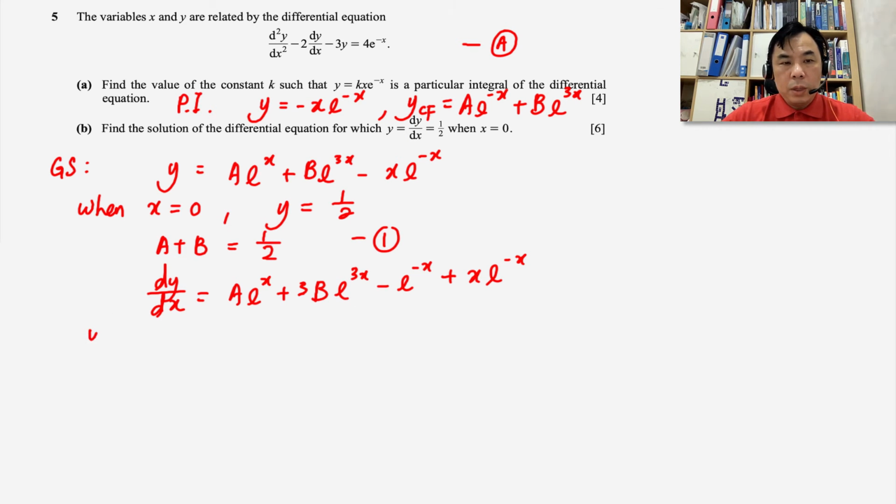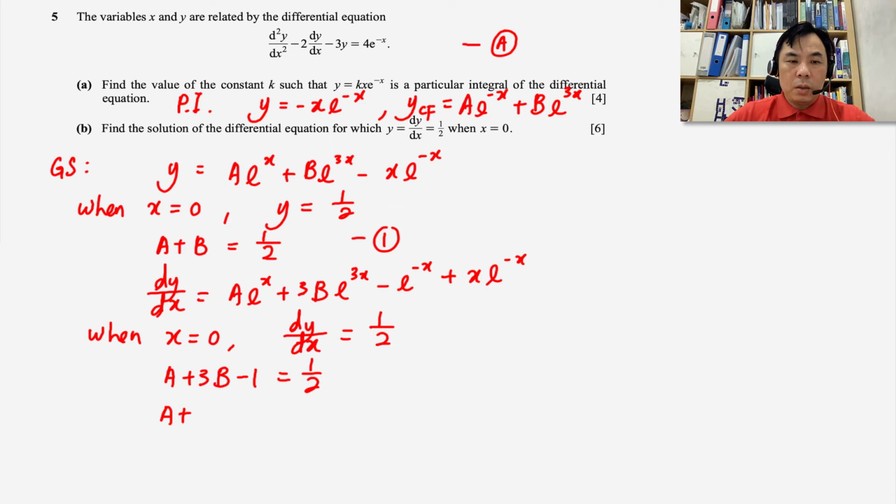And the same thing, when x is equal to 0, dy/dx is equal to a half. When you substitute 0 inside, we will have A plus 3B minus A, and then this is 0, equal to a half. And then we can rearrange that further, equal to 3 over 2. That will be our second equation.